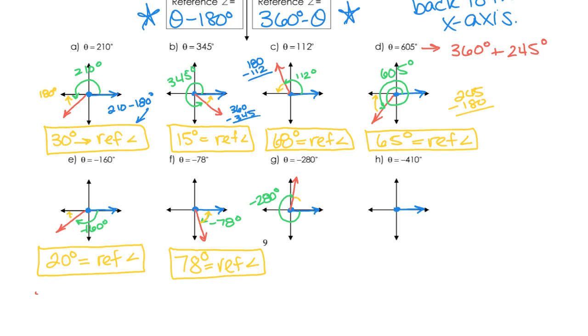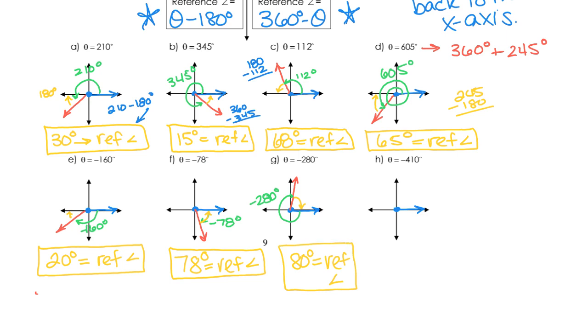And so to get back to my x-axis, the quickest way would be to take that angle where I stopped and go down to the positive side, which means that I would have to travel the full circle. And I would just have to travel 80 degrees more. So if I travel 80 degrees down, it would put me right back on my x-axis. And so 80 degrees would be my reference angle.